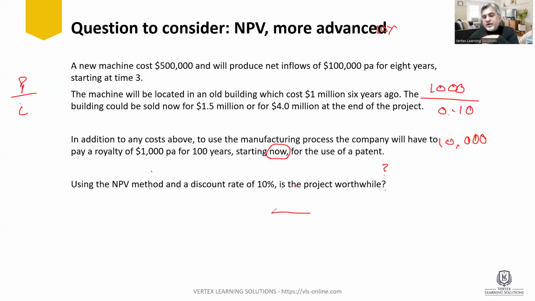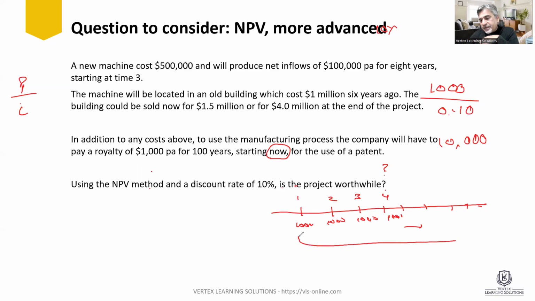If you have a timeline of 100 years, this is year 1, 2, 3, 4, 5, 6, 7, 8, and so on. You have to pay 1,000 every year: year 1, year 2, year 3, year 4, and so on. The present value of all of them is 10,000, like 1,000 divided by 10%.